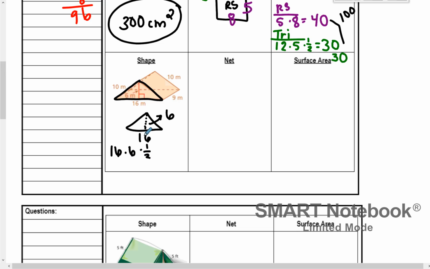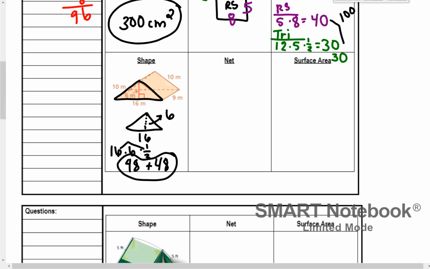So to make this easier mental math, I'm going to take 1/2 of 16, which is 8, and do 8 times 6, which gets us 48. You could also do 16 times 6 and then take half of that. You'll still get 48. I just like to make it easier for myself to do mental math. Now I have 2 of those triangles, so I have 48 and another 48. Those make up the area of my triangles.